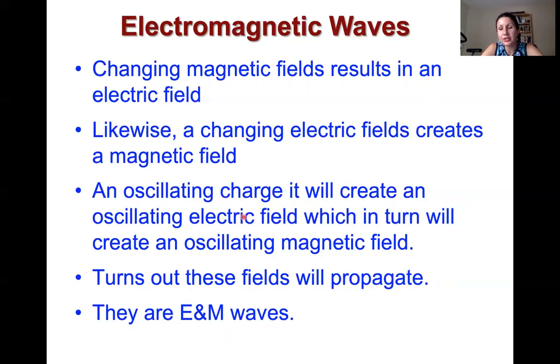So as these charges oscillate, they generate these oscillating electric and magnetic fields, which then propagate in space, and they can do that in a vacuum. There's no medium that's required, like for mechanical waves that we learned about from the beginning of the quarter, like sound waves or water waves. EM waves do not require a medium. And what they are, they're just propagating, oscillating electric and magnetic fields.